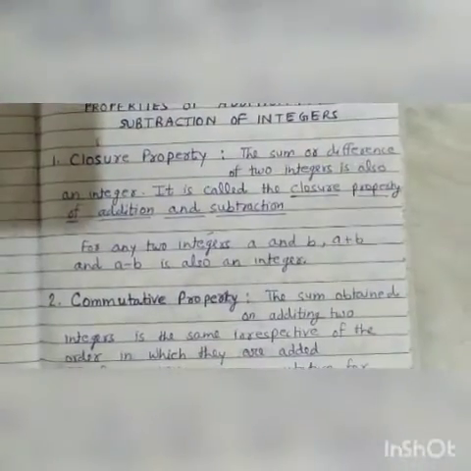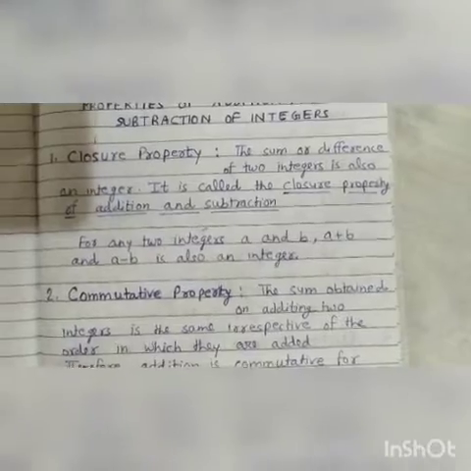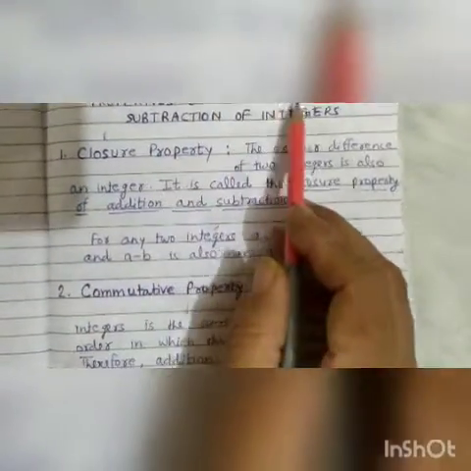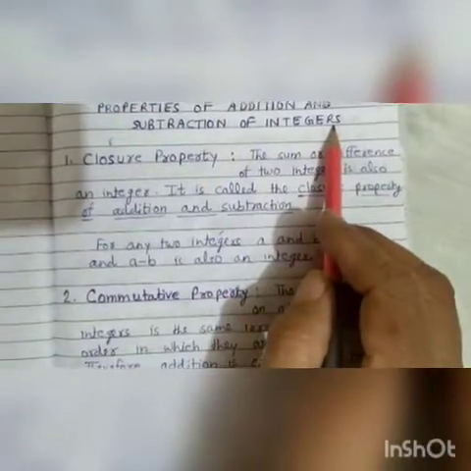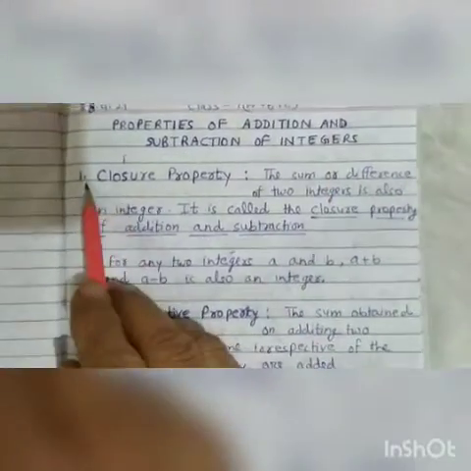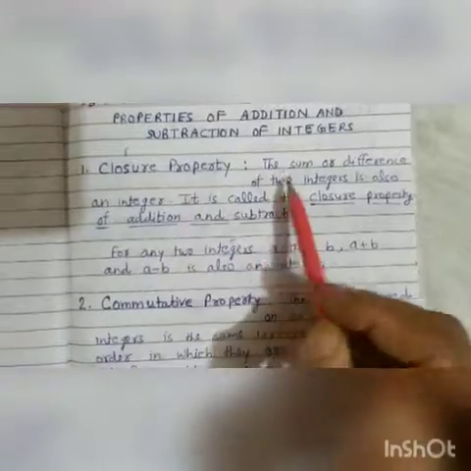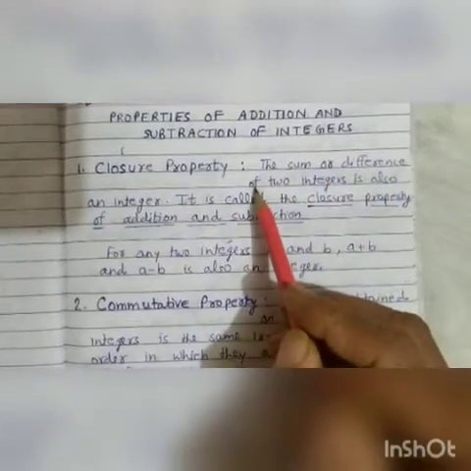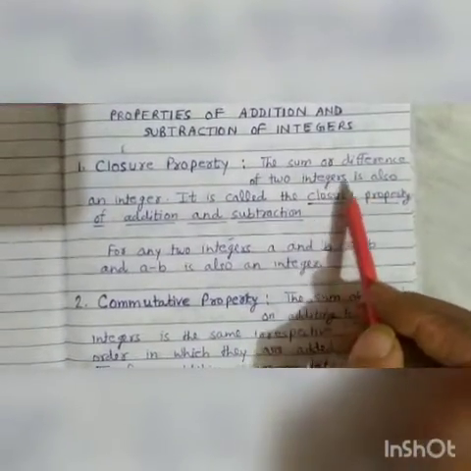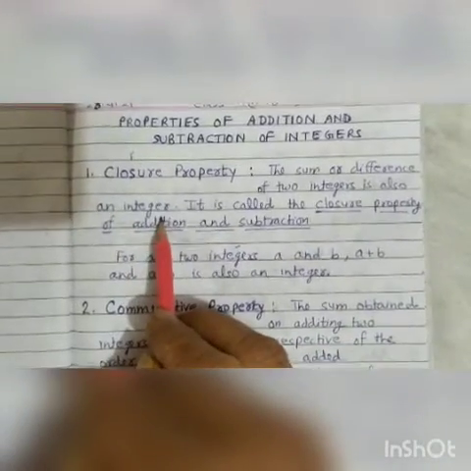So let us start. Properties of addition and subtraction of integers. Number 1 is closure property. What is the closure property? The sum or difference of two integers is also an integer.